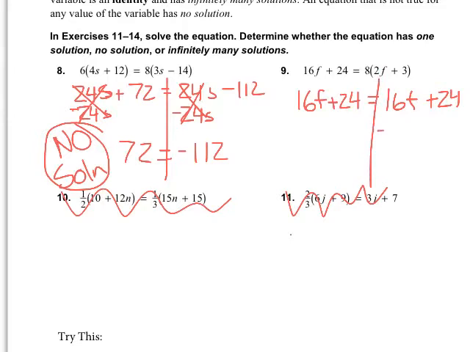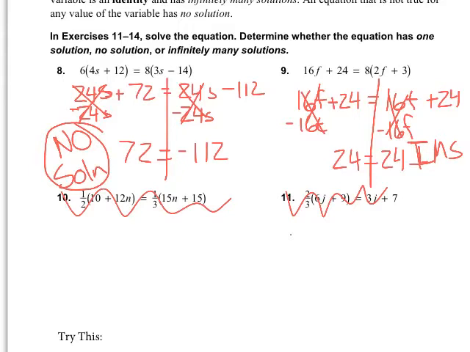So I subtract 16f from both sides. So that's gone, and that's gone. I'm left with 24 equals 24. Is that true? Yes, yes it is. So this is called infinitely many solutions. You could also say all real numbers for that.